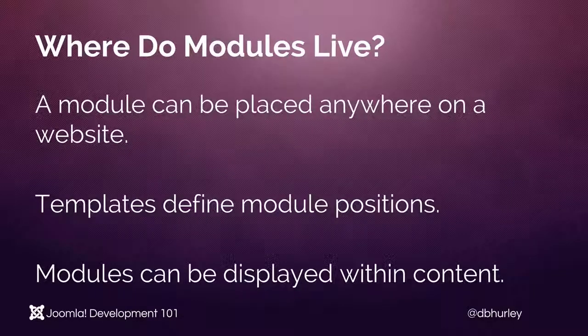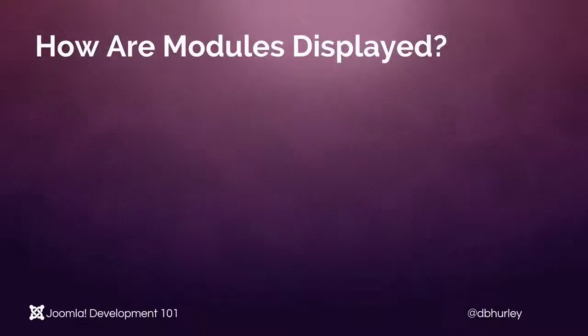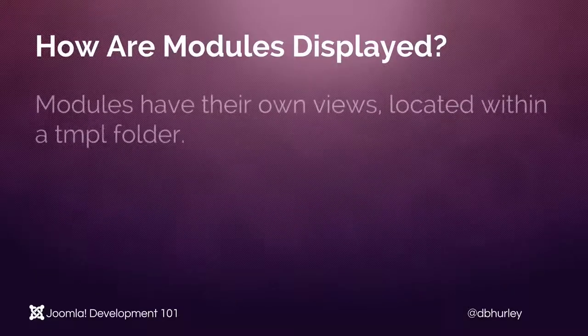It's also important to know that modules can be displayed within a content item. There is a plugin available with Joomla, which when enabled will allow you to call a module from within a piece of content.